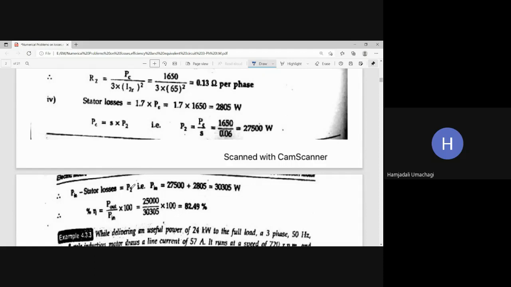So P in is equal to P2 plus stator losses, because taking the stator losses to the other side it becomes plus. Finally, that is 2805 plus P2, where P2 is the rotor input, 27,500. After solving, we get the total input to the induction motor, P in, as 30,305 watts.